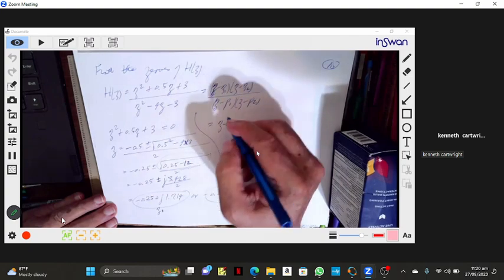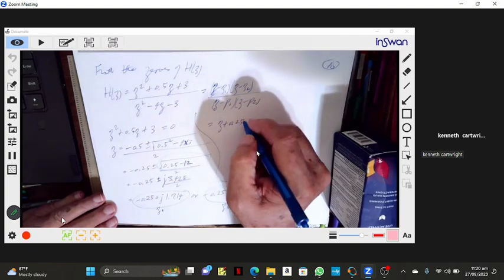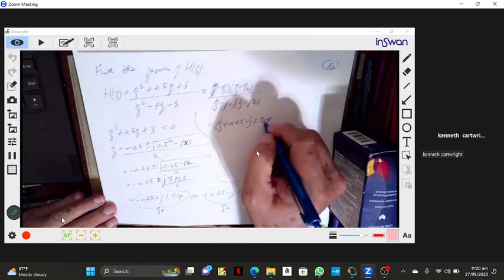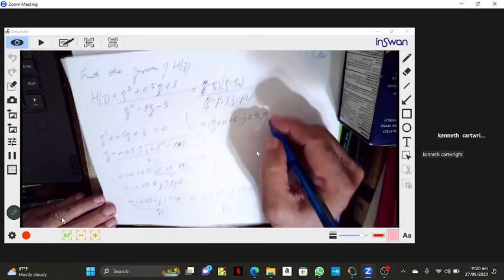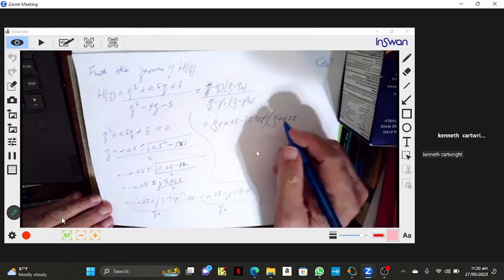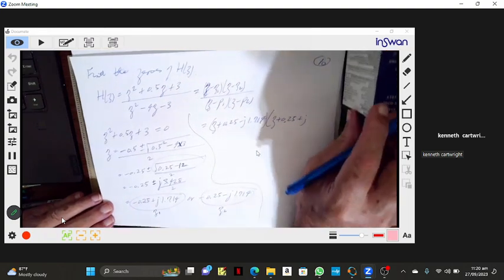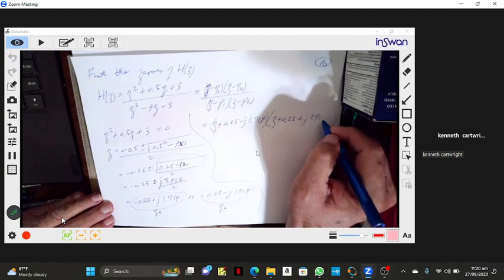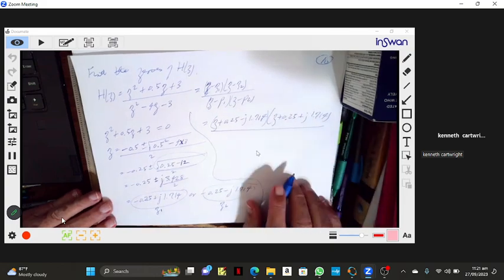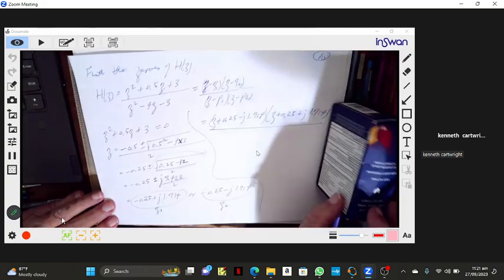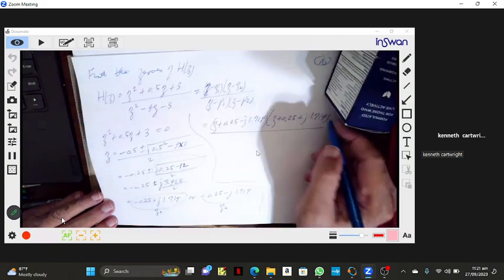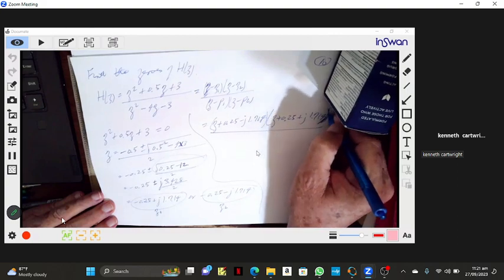So this top is Z plus 0.25 minus J 1.714 and Z plus 0.25 plus J 1.714. Okay. So zeros are complex conjugates. Zeros are complex conjugates for this filter.